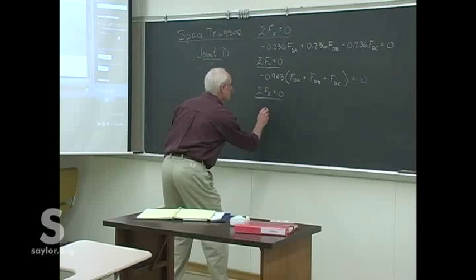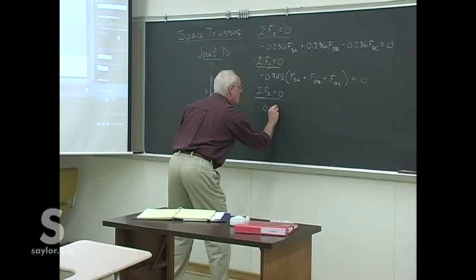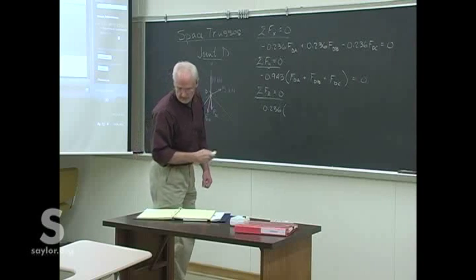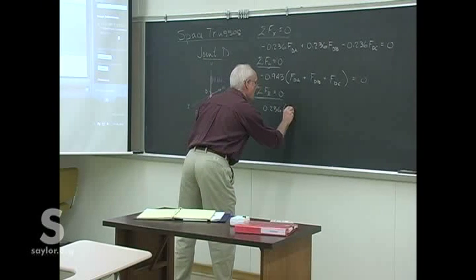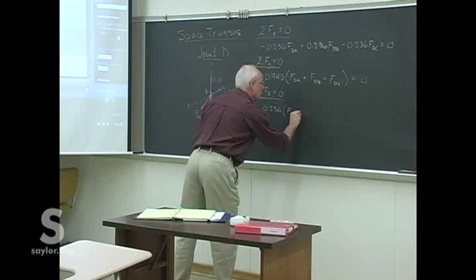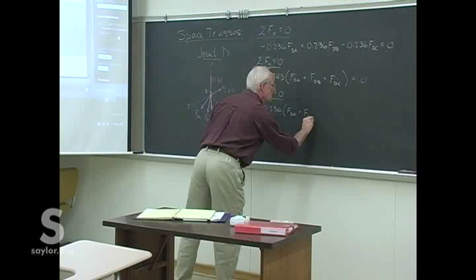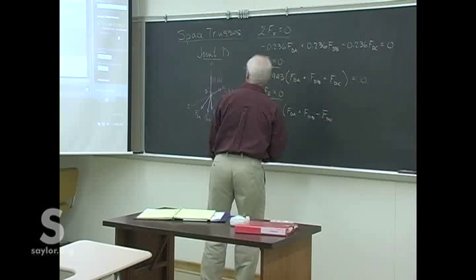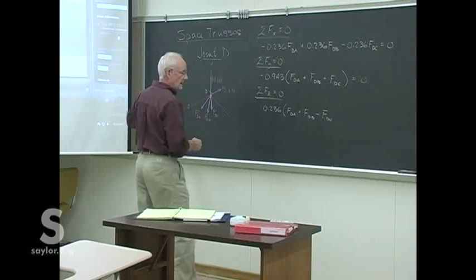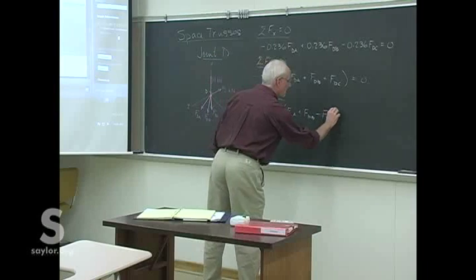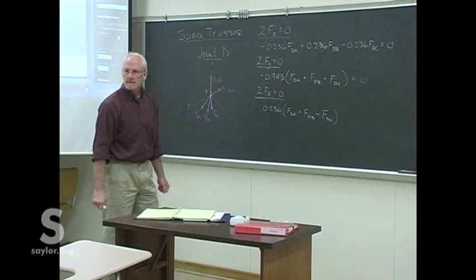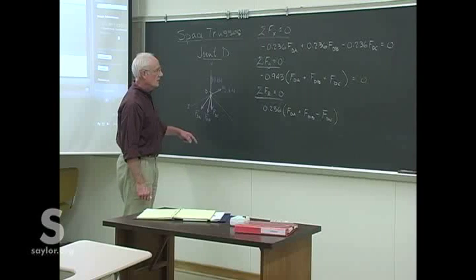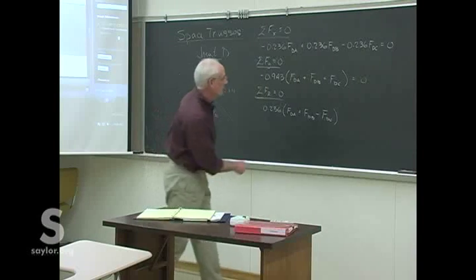So this comes out to be the common factor 0.236 times FdA plus FdB minus FdC, because in the z direction it goes back a little bit. But then don't forget, in the z direction, we have, oh, I think I forgot something, I did.